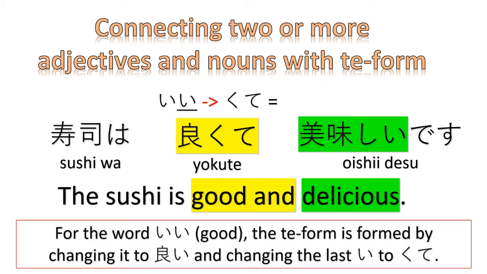What happened is, we changed the first hiragana i into yo, and then we drop the second i and replace it with kute. Thus, it became yokute. This is an irregular adjective with a different rule.